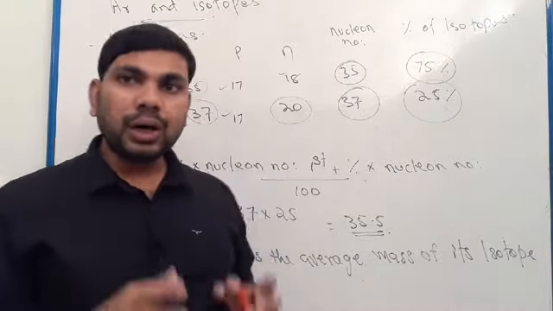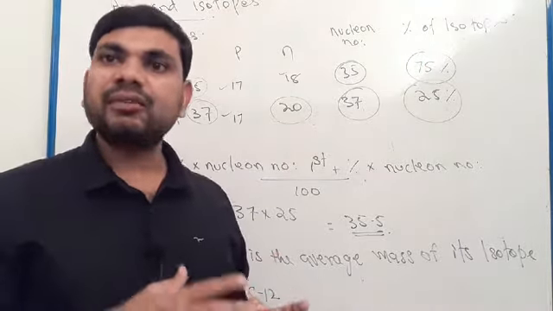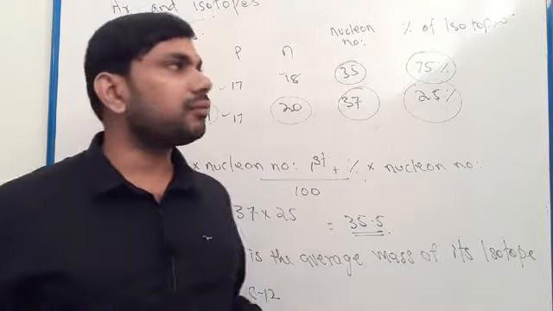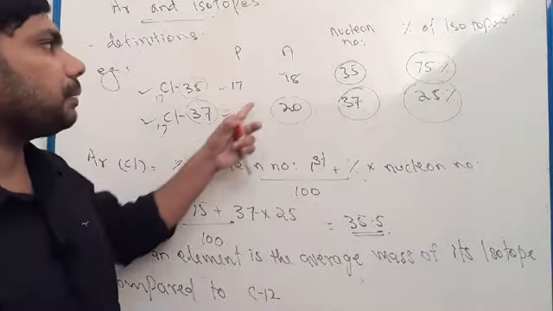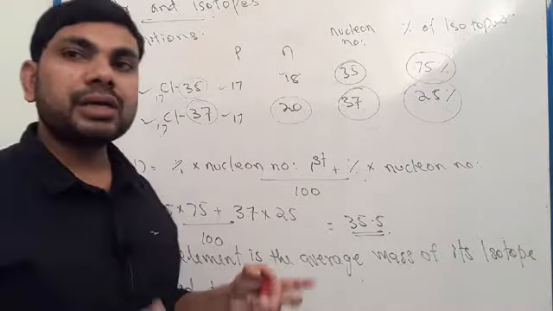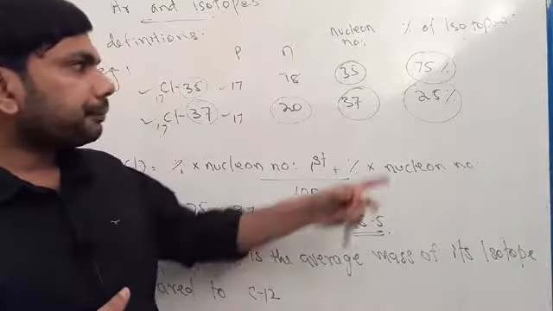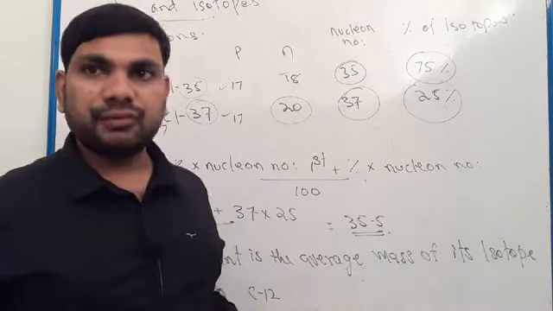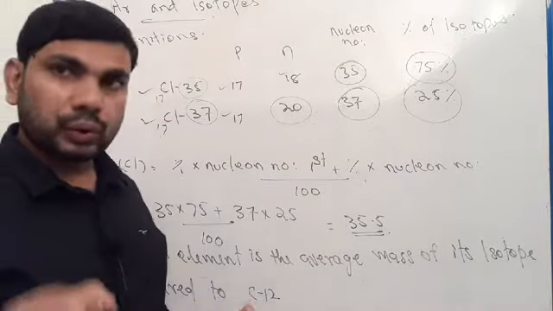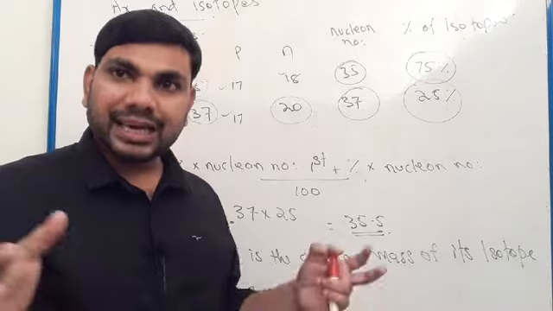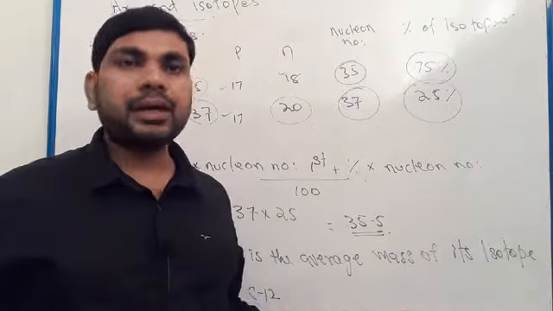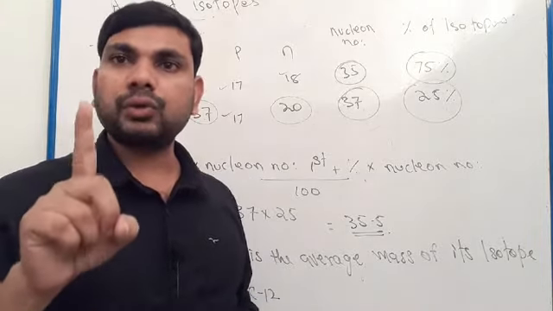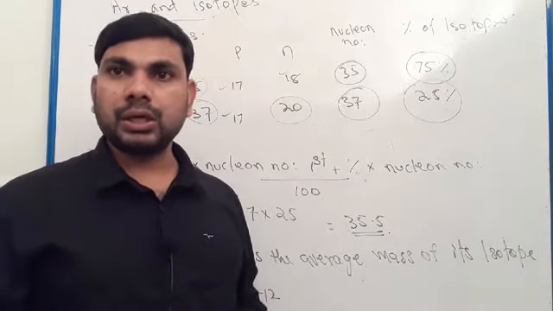So here one element exists in different forms. Chlorine exists in different forms with the same proton number but different neutron numbers. That is isotopes. But the availability of each isotope in nature is different. But when you consider the periodic table, you can see one atomic mass for chlorine.